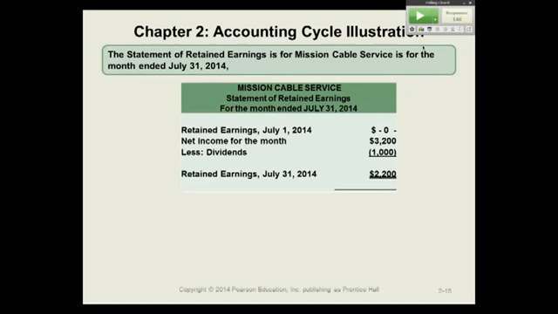Now that is needed to balance the balance sheet, because the balance sheet will not balance without that number. Another thing to note, the balance of retained earnings on July 31st of 2014 becomes the beginning balance of retained earnings when? August 1st. So balance sheet accounts, cash, receivables.